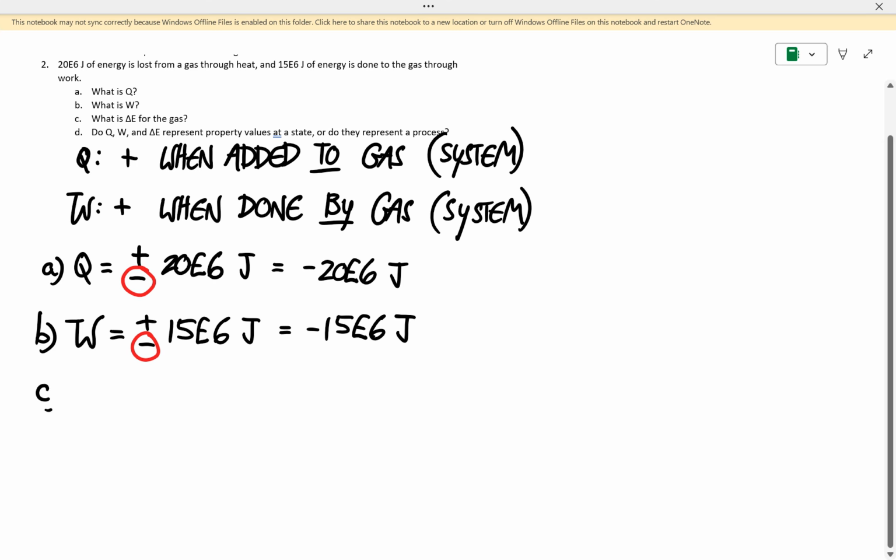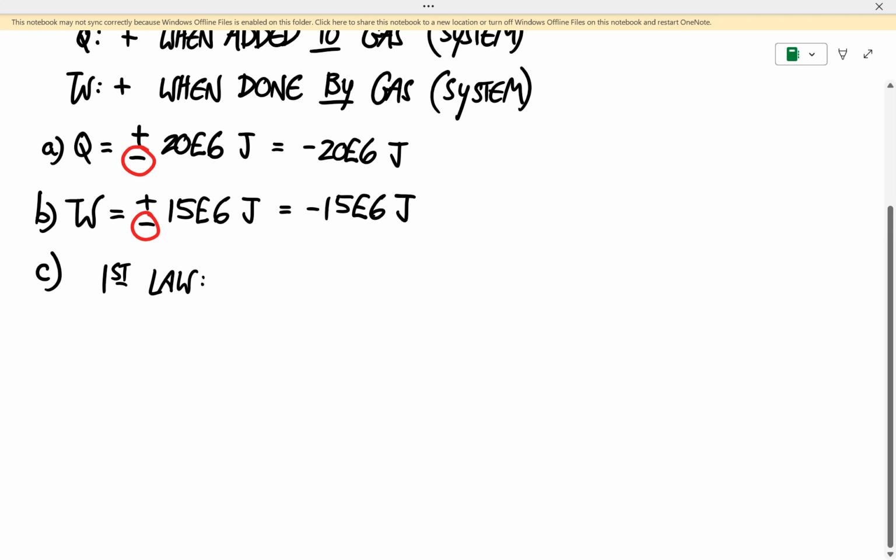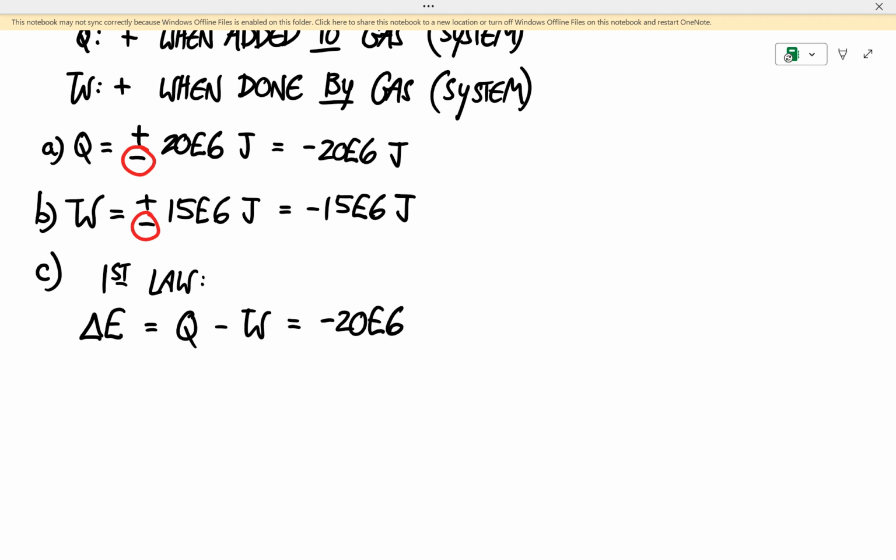For part C, what's the change in energy? Well, the first law says the change in energy of the system, the gas in this case, is equal to Q minus W. So that is negative 20 times 10 to the 6 minus negative 15 times 10 to the 6.